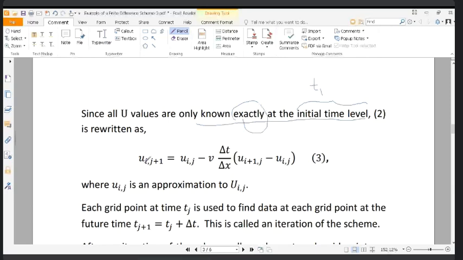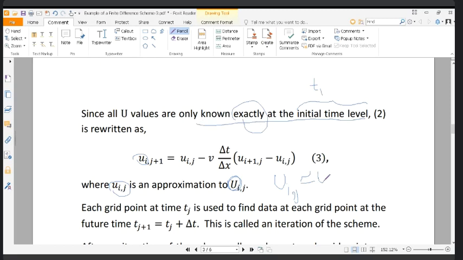Small u(i, j) is an approximation to big U(i, j). Small u is the approximation to U, meaning U at xi and tj is approximated by small u(i, j).